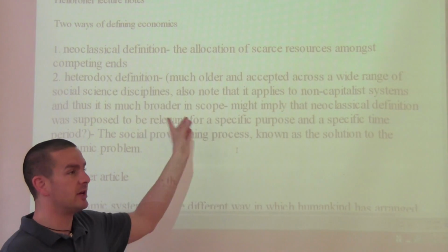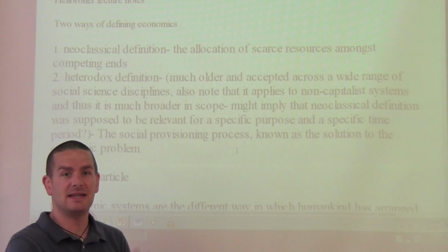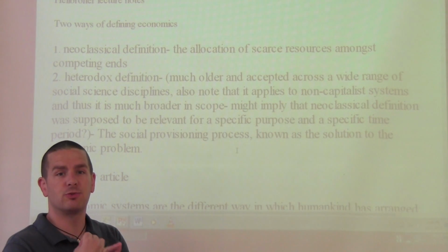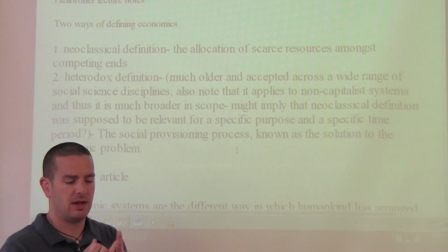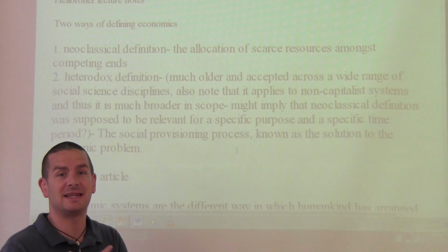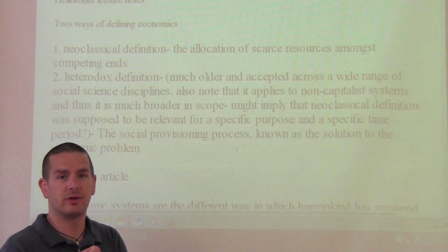Well, in the heterodox view, the economic problem is simply three questions. What are we going to produce? Who is going to produce it? And how is it going to be distributed? That is, who's going to get it. Okay? So what are we going to produce? Who's going to produce it?